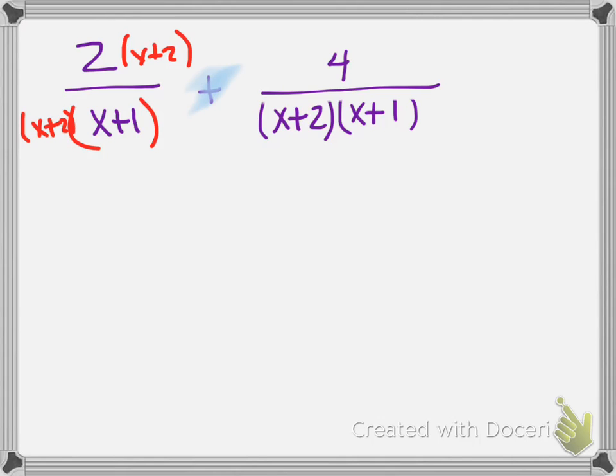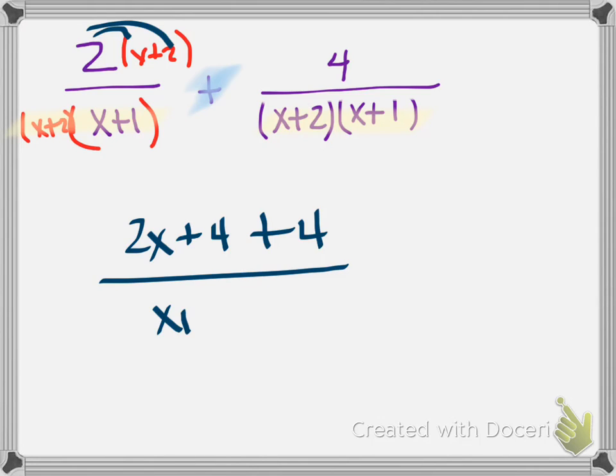Okay. Now what you have is the bottom parts so that they're the same. So now we're allowed to add the tops. That just means that you need to actually multiply right here. So that's 2x, and 2 times 2 is 4, plus another 4 on top, and that's all over x plus 2 times x plus 1.